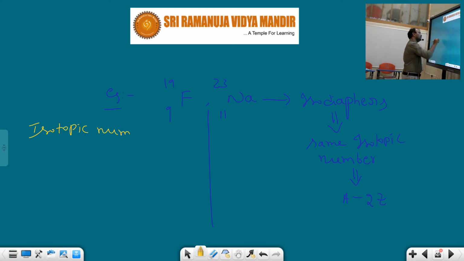Isotopic number value for fluorine 19, 9. Formula: mass number minus 2 into atomic number. Here mass number for fluorine is 19.